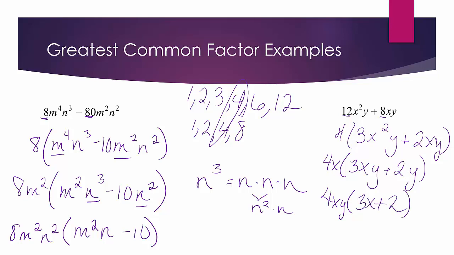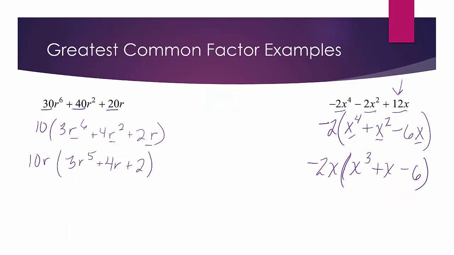Now, of course, I could check my work by doing the distributive property backwards in any of these examples. I'll show you with one of them, going back to the 10r times 3r to the 5th plus 4r plus 2, mostly because I have room under there to write. So I'm going to check my work.